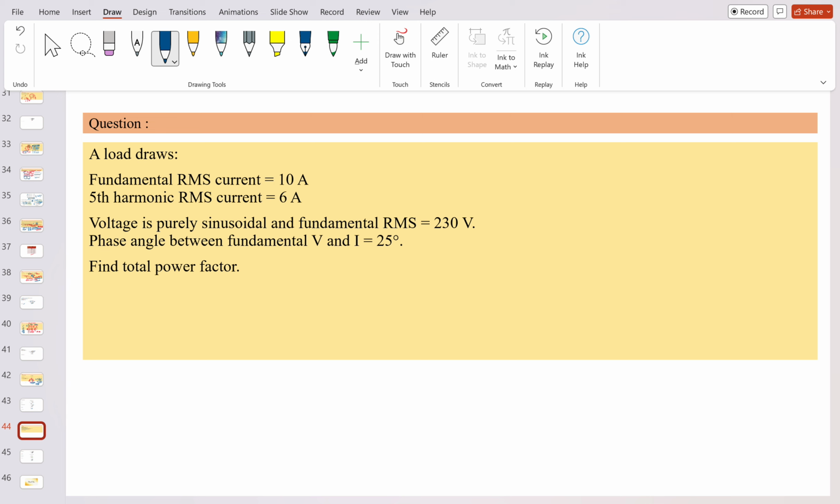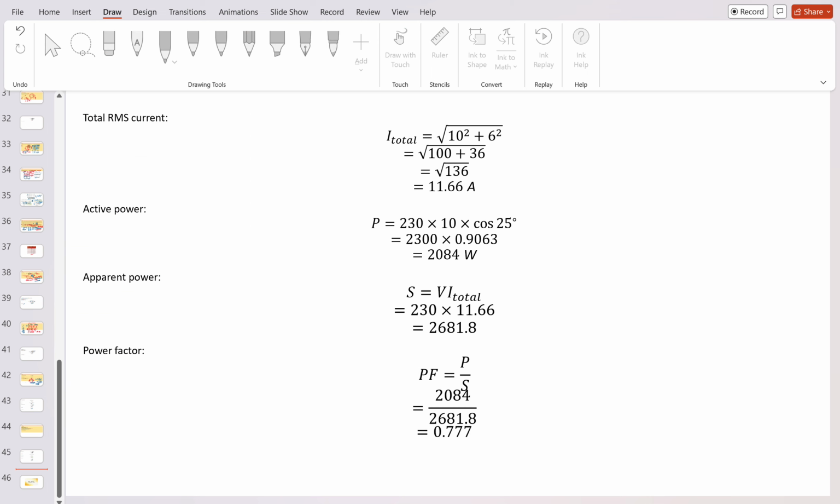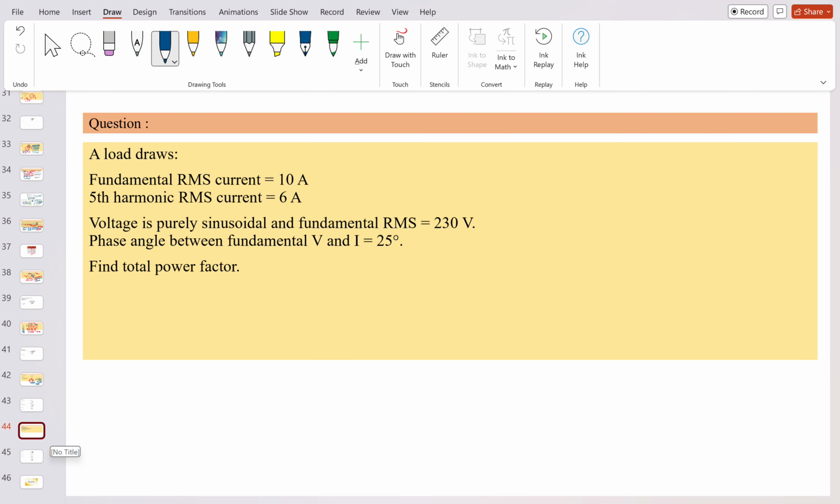That is correct. Okay, what we can say here, that is false. So the solution is not correct.